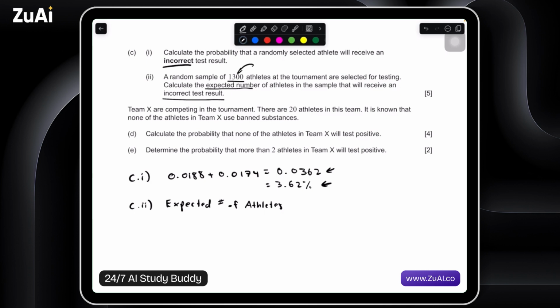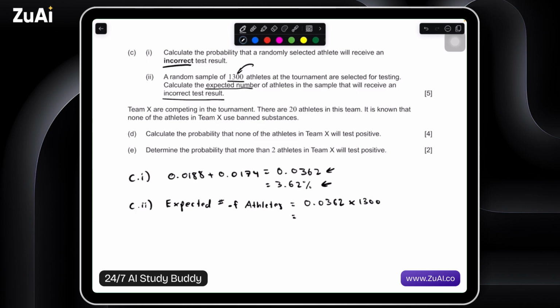And if there's 1,300 people being tested, we would expect 3.62% of that 1,300 to receive an incorrect result. So let's take that value 0.0362. This is that 3.62% times 1,300.